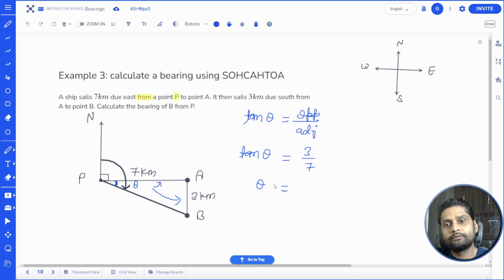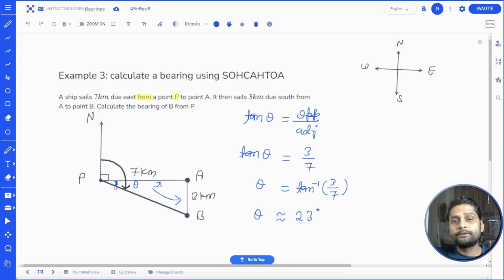We want theta, not tan theta, so we bring tan to the other side. That becomes tan inverse of 3 over 7, and for that, students, we need to use a calculator. If you want the answer in degrees, set your calculator to degree mode, otherwise you will get an answer in radians. When I use my calculator to evaluate it, I get around 23.2, which is roughly 23 degrees.